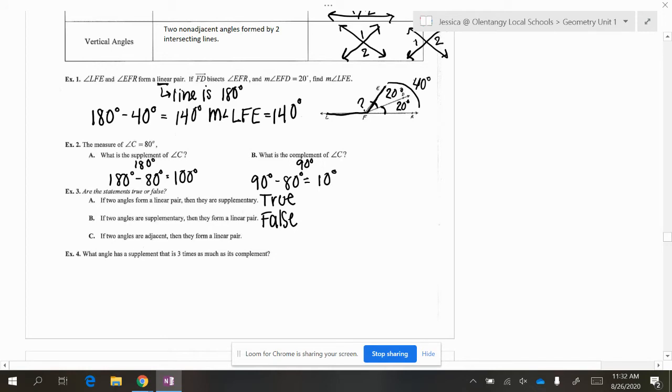In a linear pair, the angles have to be adjacent. In supplementary angles, the angles do not have to be adjacent.